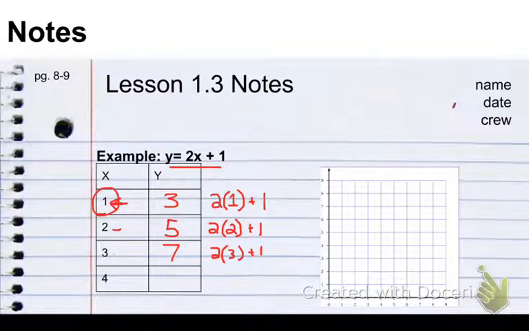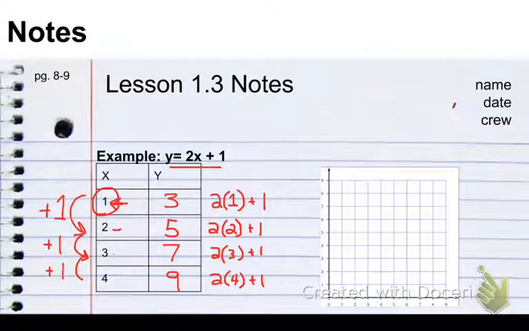For 4, I do 2 times 4 plus 1, which gives me 9. So as you can see, they're all growing by a steady rate. Every time x increases by 1, y is increasing by 2.